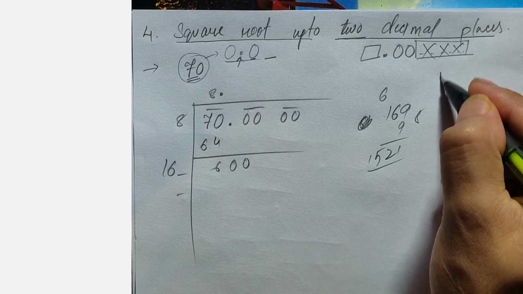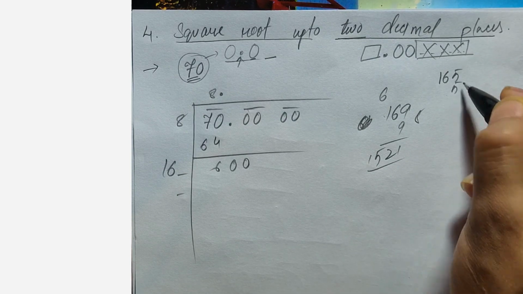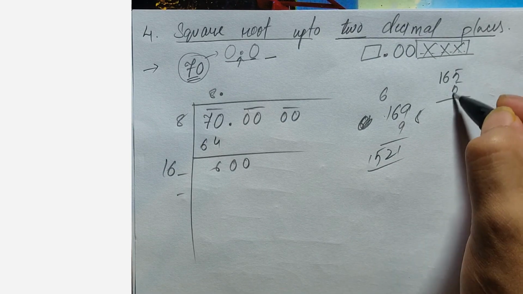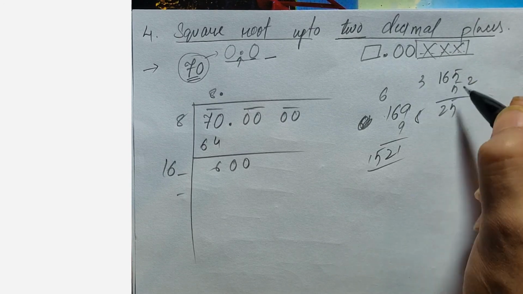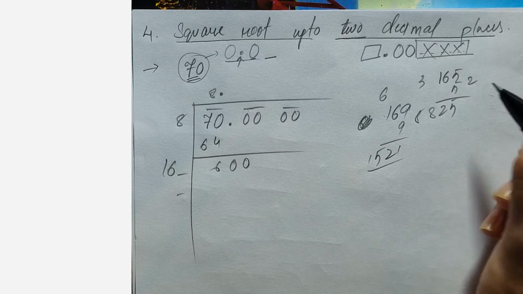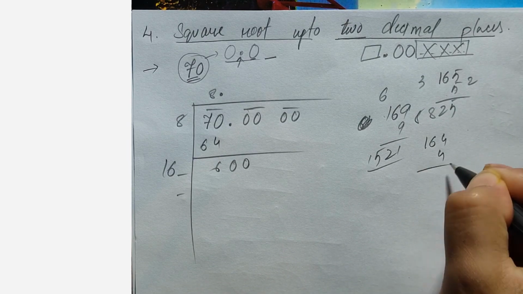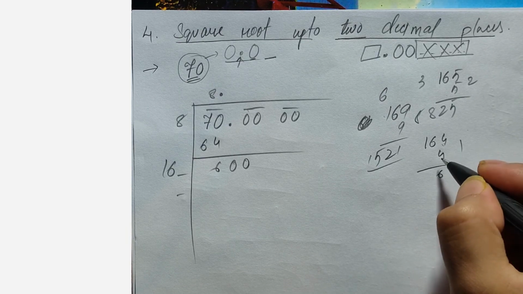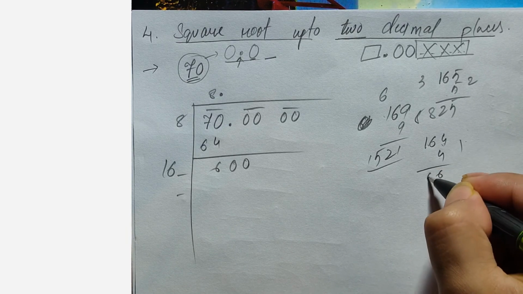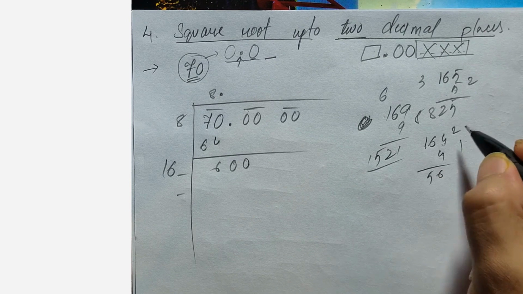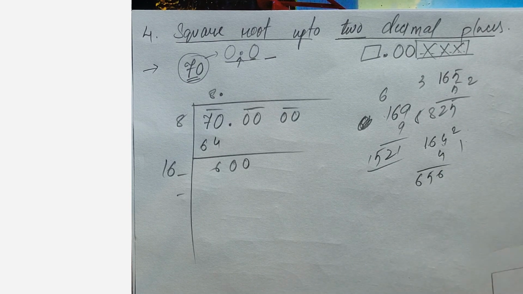That's a huge number. Let's say 5. 5 fives are 25, carry 2, 30, 32, 5 ones are 5, 85. That's again a huge number. Let's say 4. 4 fours are 16, carry 1, 24, 25, carry 2, 4 ones are 4 plus 2, 6. Okay, very close.